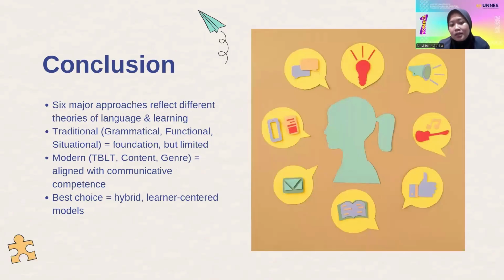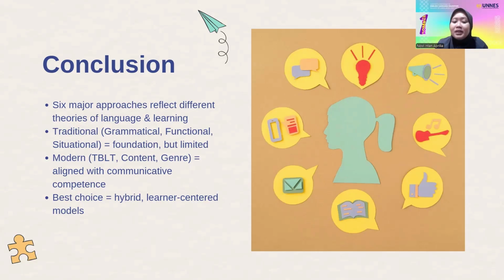Okay, next is the conclusion of our presentation. We have six major approaches that reflect different theories of language and learning. The traditional syllabi like grammatical, functional, and situational are the foundation but limited.